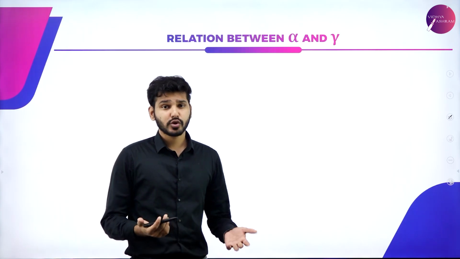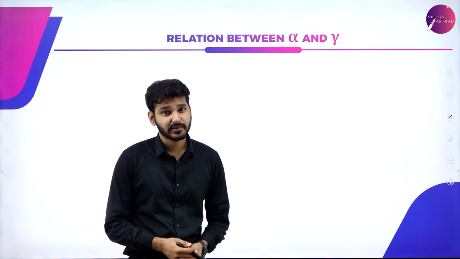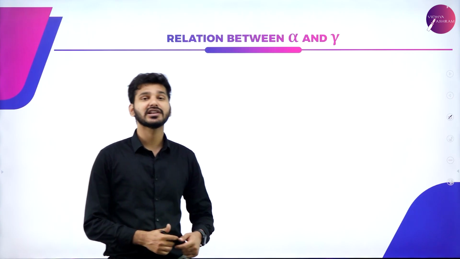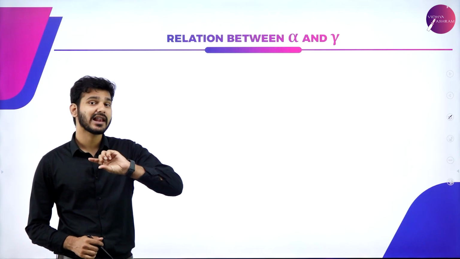Now again, if I don't do this for alpha and gamma, gamma will be left out and he will be very sad. So just for that sake, let me take a relation between alpha and gamma.